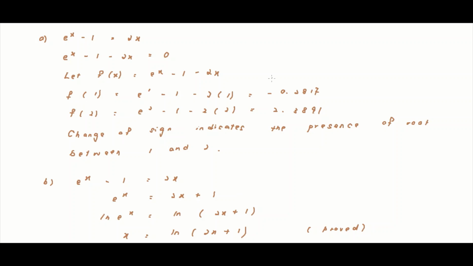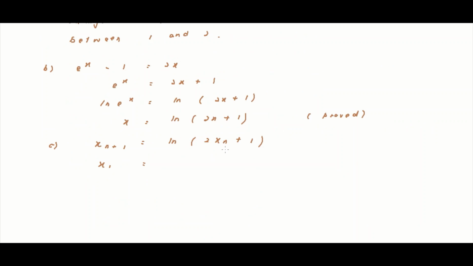If f of 1 gives me negative 0.2817 and f of 2 gives me 2.3891, obviously you can see that f of 1 is actually nearer to 0, which is where my root should be. So that's why when I choose, I wouldn't choose a number that is nearer to 2, because the number should be further from 0 compared to 1.